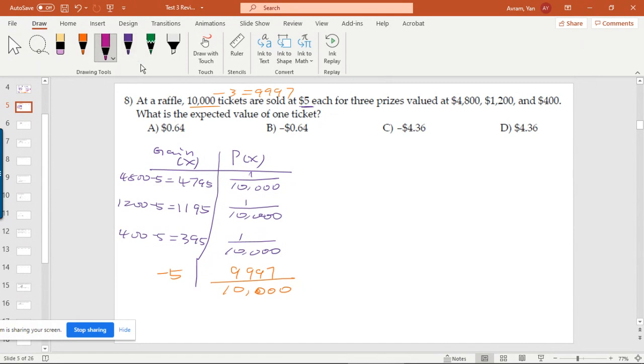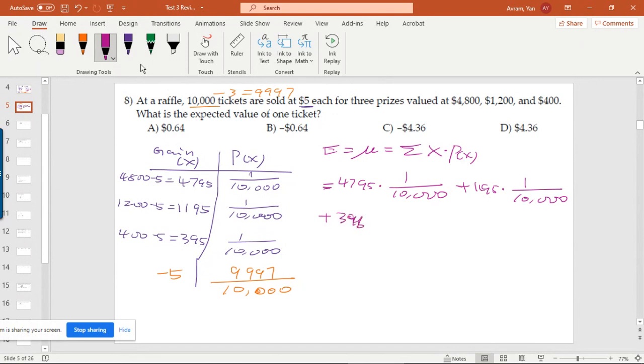So the expected value is equal to the mean, mu, and that's the sum of x times p of x. So we're going to multiply all of these together. So this is 4795 times 1 out of 10,000, plus 1195 times 1 out of 10,000, plus 395 times 1 out of 10,000, plus -5 times 9997 over 10,000.